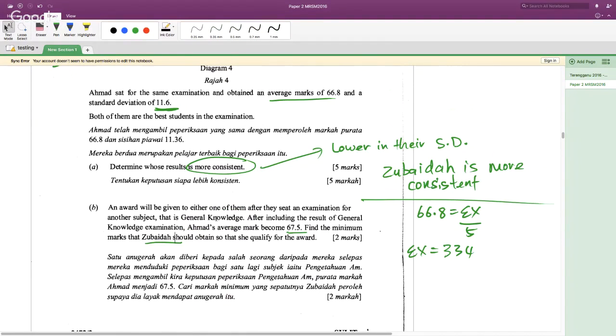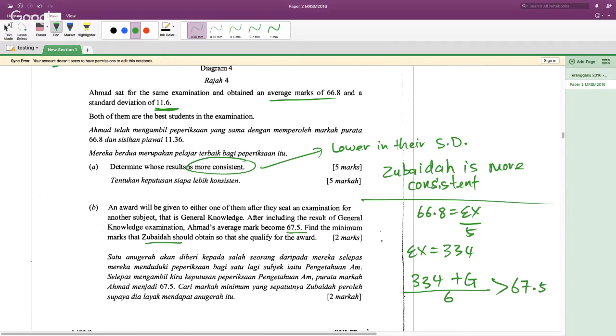I do not know the mark for that new subject, so I'm going to call it G. So my total mark plus the new subject G, divided by a total of 6 subjects, should be bigger than 67.5 because I want to win the award. If you want to win the award, you must get a mark higher than 67.5. So I want to know how many marks I should at least get for my G.